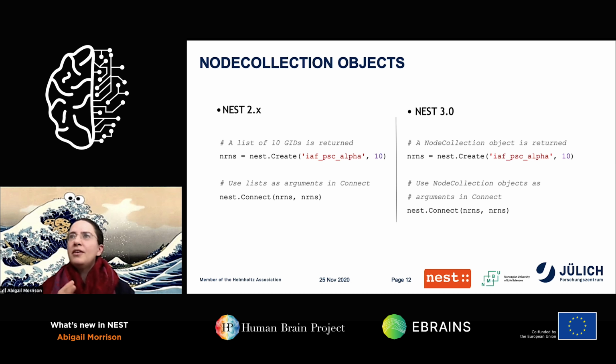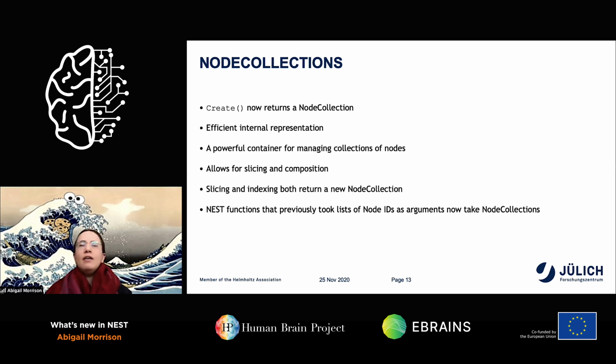It looks identical, but the difference is that now the NRNS is a node collection object, and we can do things with it that you couldn't do with a list of GIDs. It has an efficient internal representation, and it allows you to slice and compose and then have a new node collection returned. As a rule of thumb, everywhere you previously would have used a list of nodes, now you use a node collection.